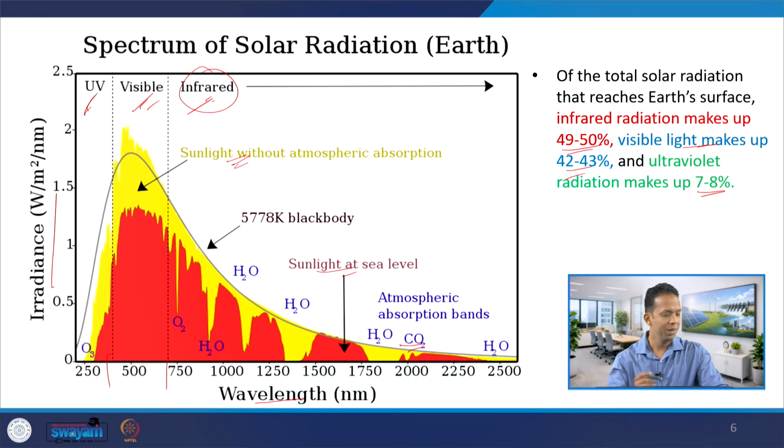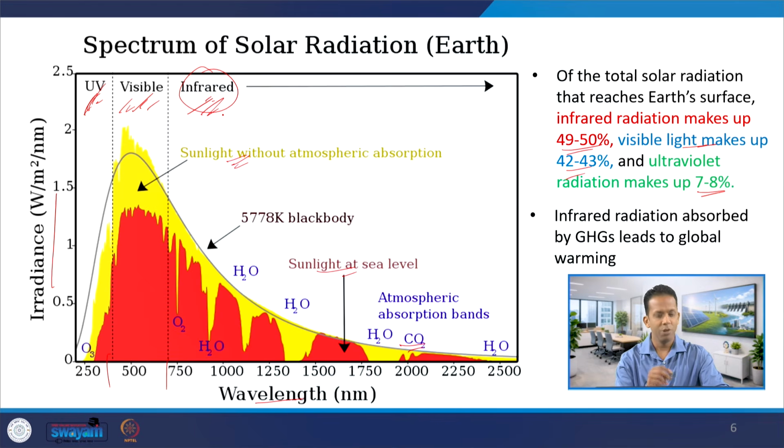You might have heard that UV is not good for human health. Wherever we have holes in the ozone layer, because of UV people are getting skin diseases, skin cancer, skin burns. So yes, UV is harmful, but if you talk about global warming, it's not because of UV or visible light, but mainly the infrared radiation, because it is this radiation which is absorbed primarily by greenhouse gases.